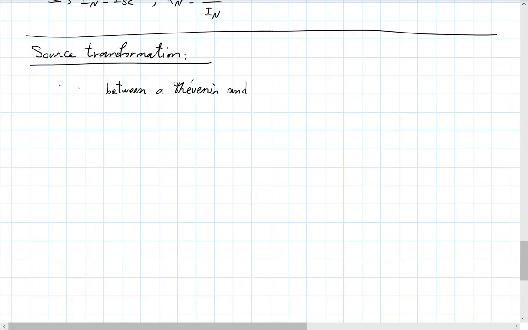I shouldn't say switching, because this might create confusion with a switch. Let's say changing between a Thevenin and a Norton circuit.